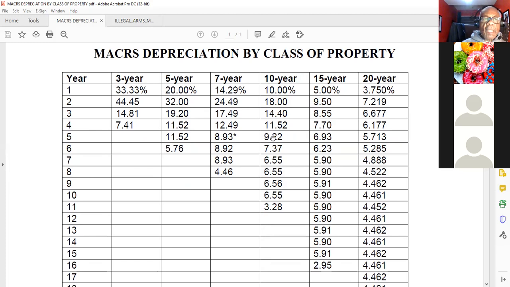If your asset is classified as a 3-year asset, then when you do your depreciation, you can depreciate 33% of the asset in the first year, 44% in the second year, 14% in the third year, and 7% in the fourth year. And so the capital budget asset that I pulled up is classified as a 5-year asset. And so this is how I got those numbers.